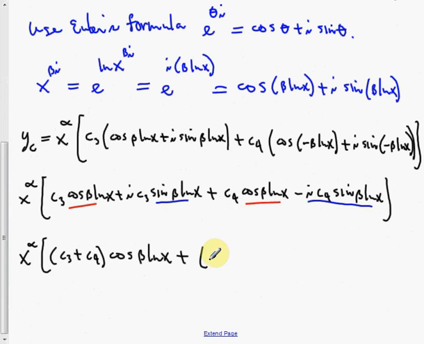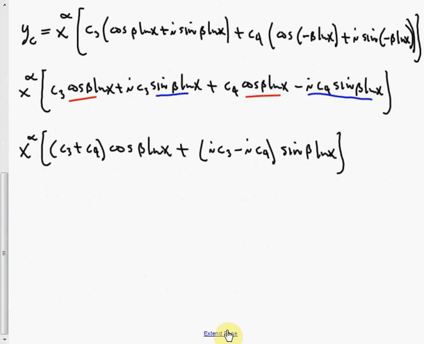This is i c sub 3 minus i c sub 4 times sine beta natural log of x. Right. So now here's the magic, but it's not as magical as if I would have had C1 and C2.